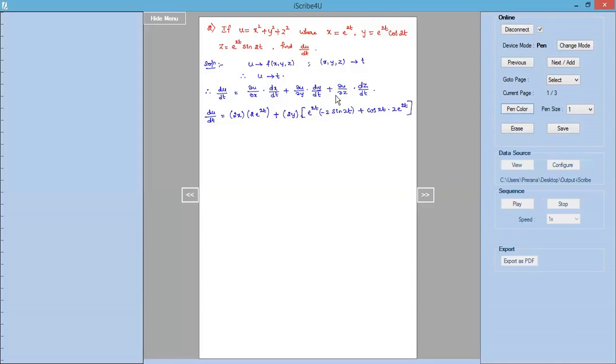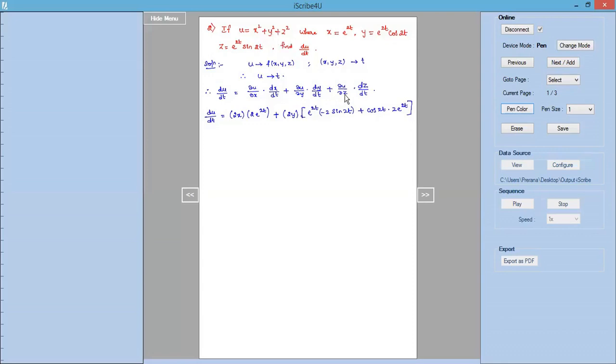Similarly, we'll find out now the partial differentiation dou u by dou z and then into dz by dt. So dou u by dou z gives us 2z. Differentiating u partially with respect to z, both x and y are constant, so differentiation goes to 0. Z square differentiation is 2z.